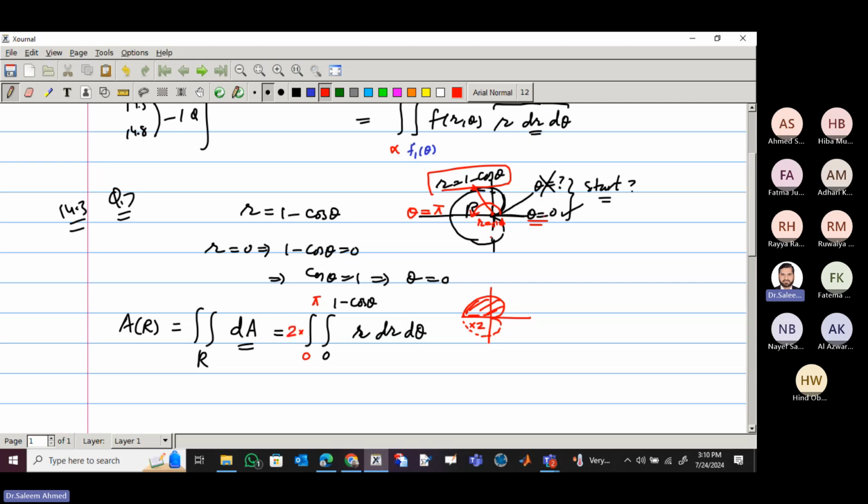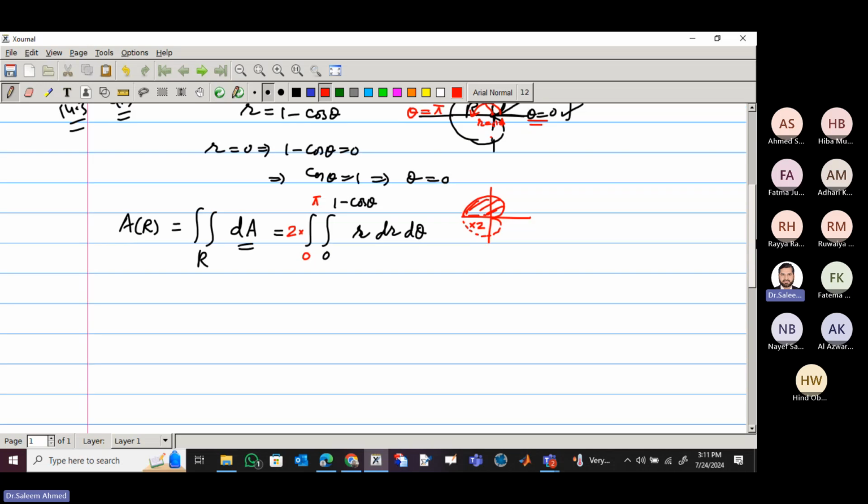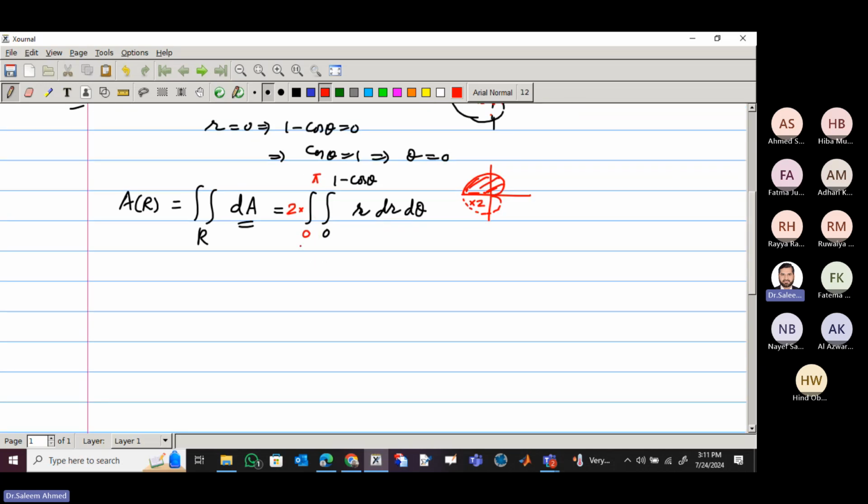You can do that as well. So the integral that I wrote only gives me the area of the upper half, so I multiplied by 2 to get the full area, upper and lower, right?